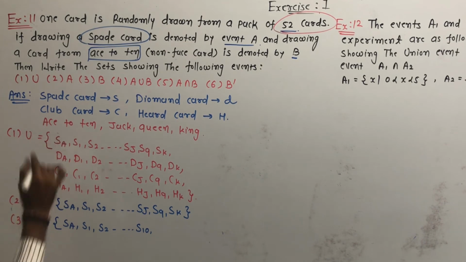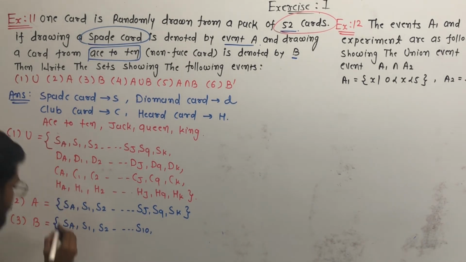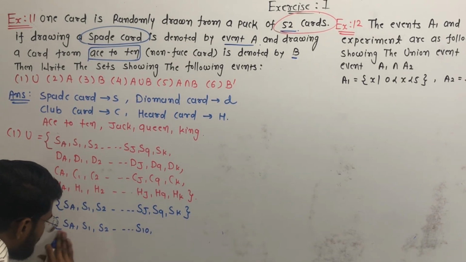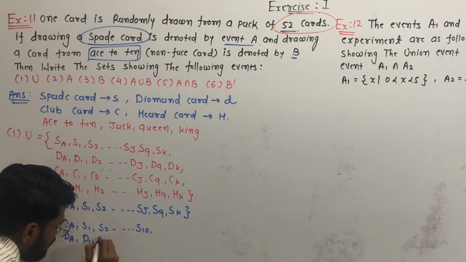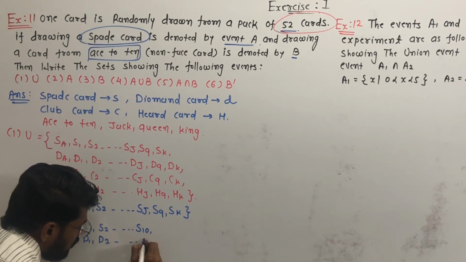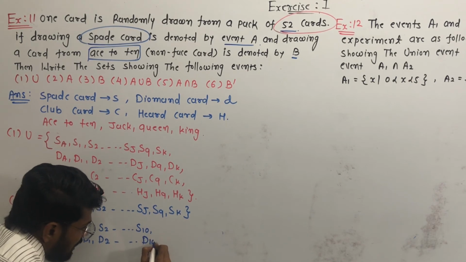Now 10 cards of the diamond: DA, D2, dot dot dot, D10. We select 2 to 10, the non-face cards.